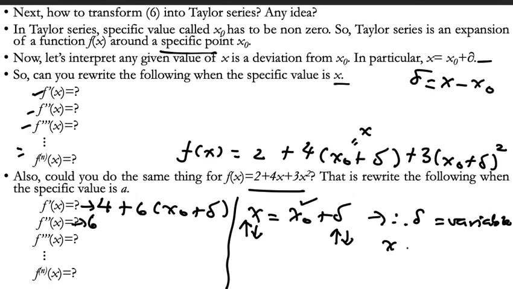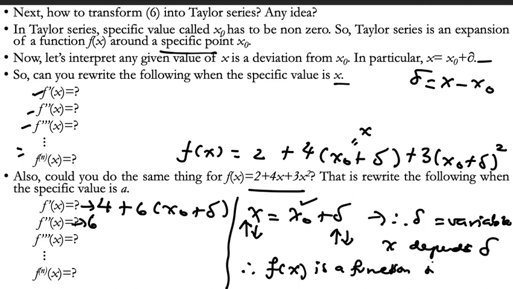And x depends on delta, not x0, isn't it? Therefore, from here, we can say that function f(x) is a function of delta, isn't it? So, let's name it g(delta), okay?